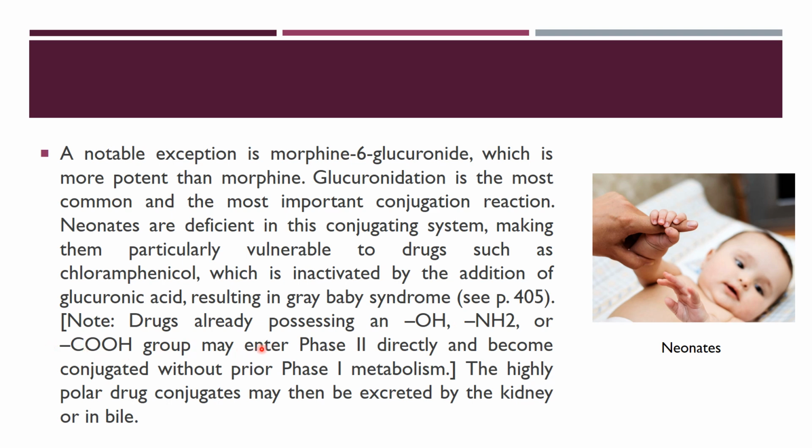Note: drugs already possessing a hydroxyl, amino, or carboxylic group may enter phase 2 directly and become conjugated without prior phase 1 metabolism. The highly polar drug conjugates may then be excreted by the kidney or in bile.